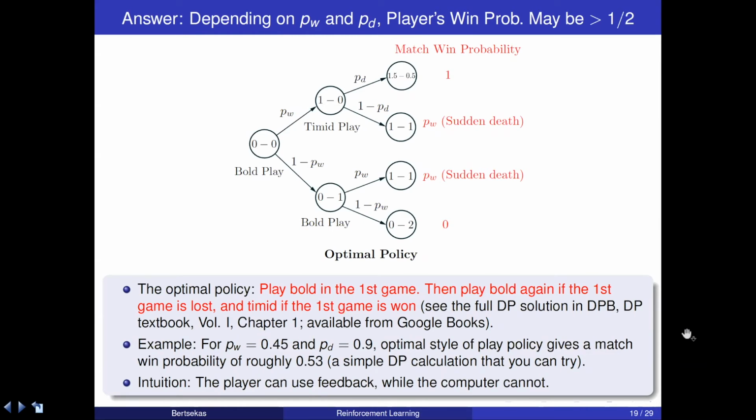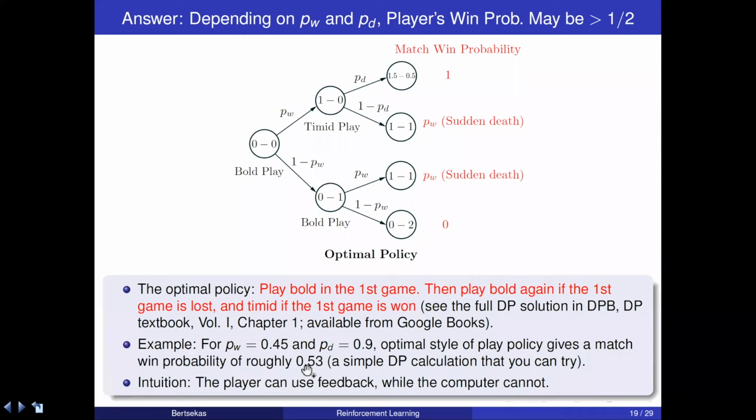When I first saw the question, I thought it was asking, running over 1 million games with the optimal policy, will you be able to show that the player would win over 50% of the time over a sufficient number of games? That's exactly the result. If you were to play 1 million matches, it's possible with these choices of probabilities to get more than 50%. You'll get 53%. You'll win 53% of the million times, almost.